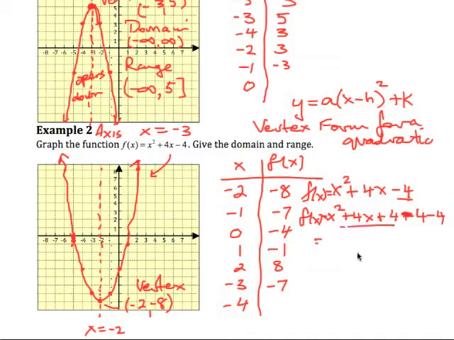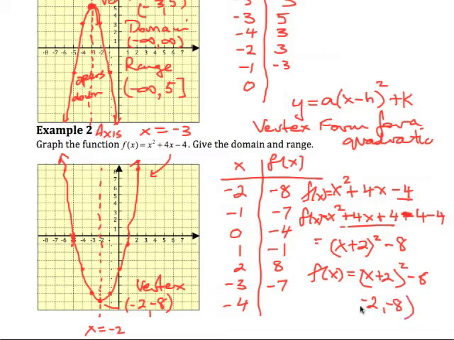And so this part here is my squared part. And notice that I have subtract 8 here. So my function could be written as x plus 2 all squared subtract 8. And notice that this gives us the vertex of -2, -8.